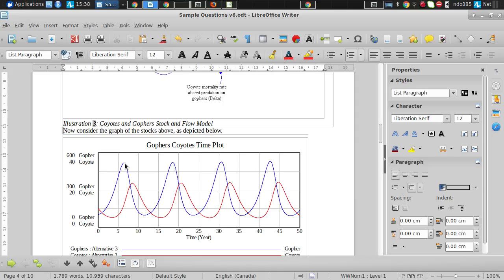Basically, it gives to the world exactly one gopher to replace itself by the time it dies. So on average, it gives birth to one surviving gopher.